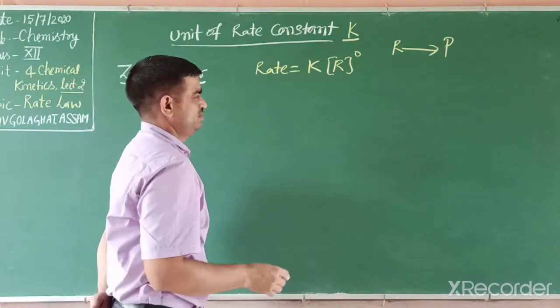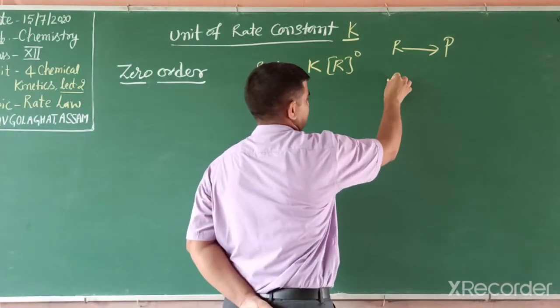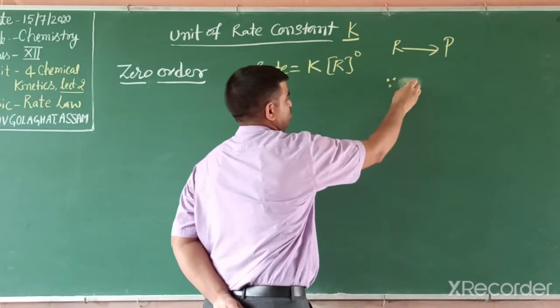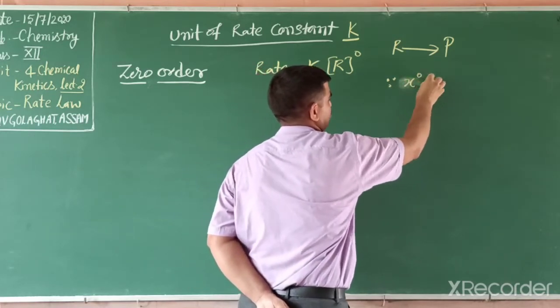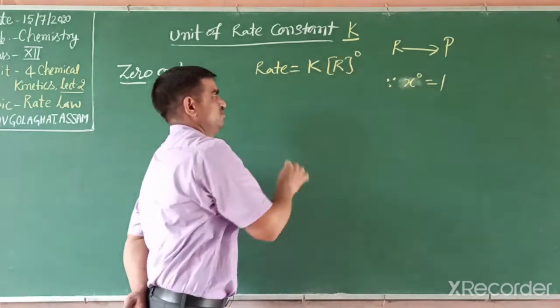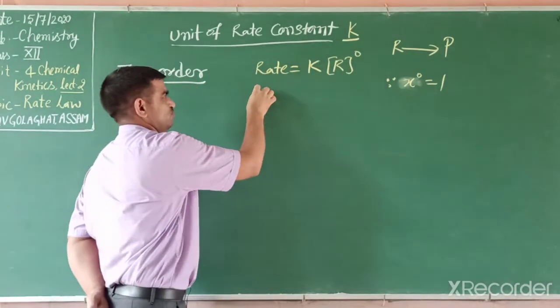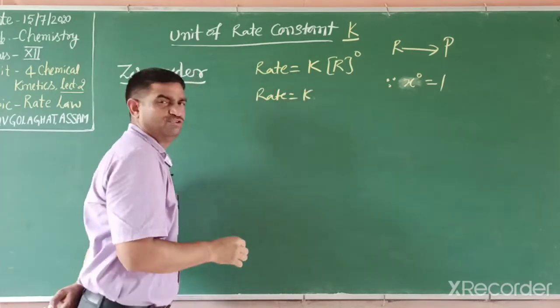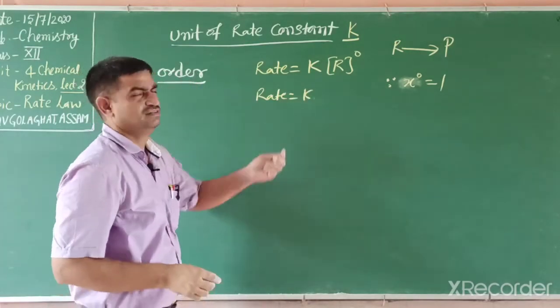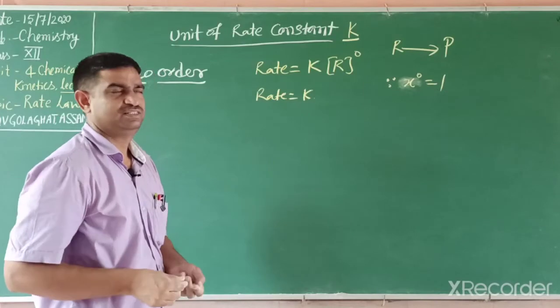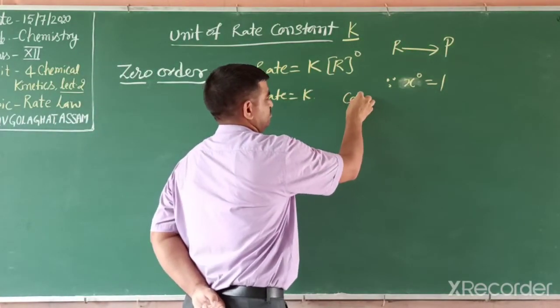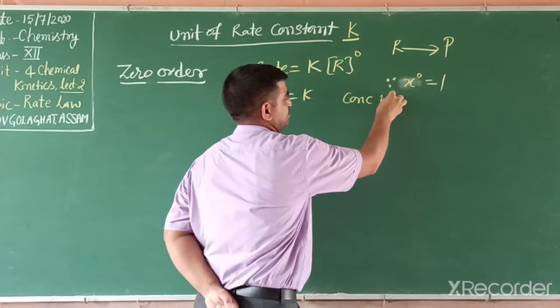So in zero order, you know students, any number to the power 0 is 1. When x power 0 means 1, so R power 0 is also 1. So rate is equal to K, which means the unit of rate constant is the same as the rate unit. What is the rate unit? We know it is change in concentration per time, concentration time inverse.